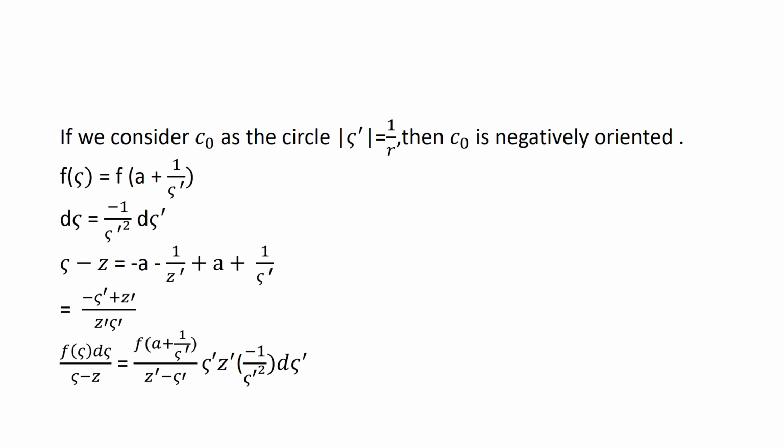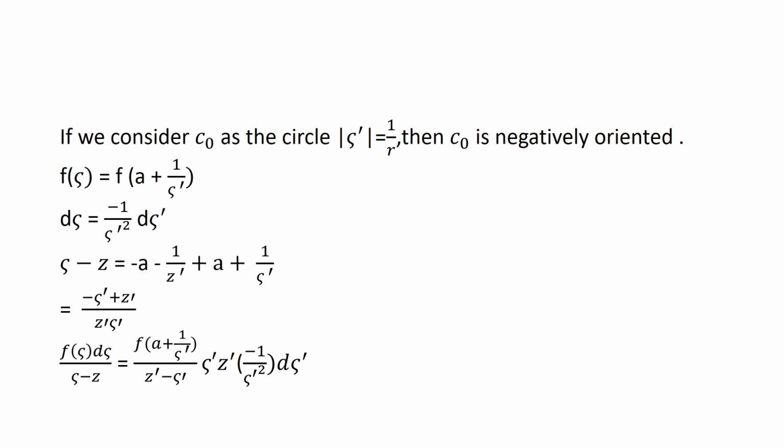Now f of zeta d zeta divided by zeta minus z. That is f of zeta is f of a plus 1 by zeta dash.